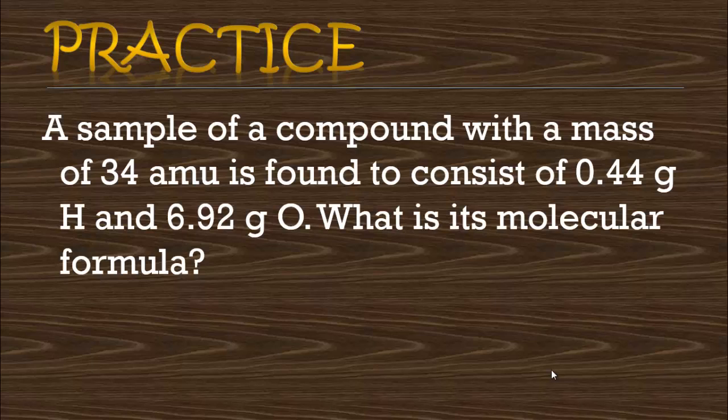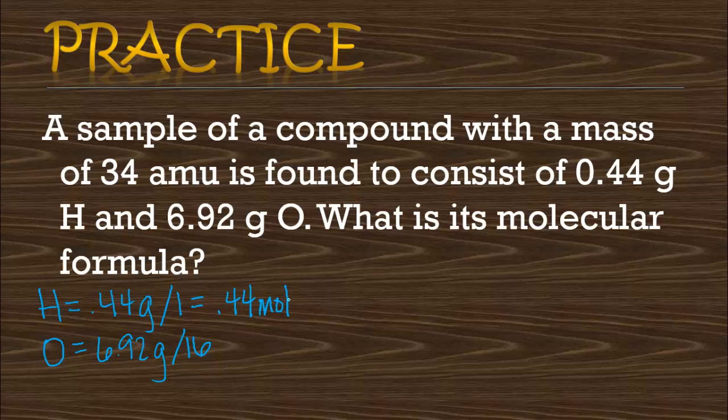So we're going to start it the same way. We're going to take hydrogen, and we know that we have 0.44 grams, and oxygen, which has 6.92 grams. Divide it by its molar mass, and we get 0.44 moles of hydrogen and 0.43 moles of oxygen.